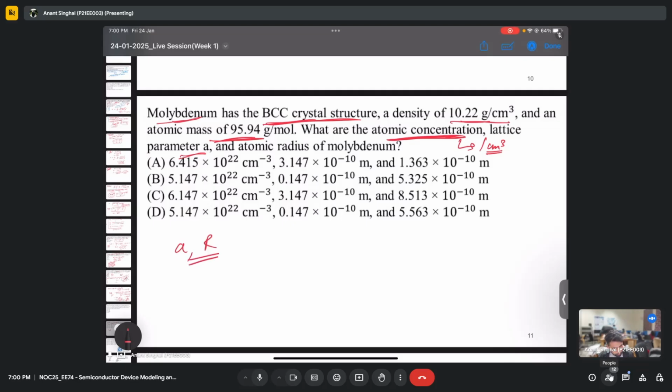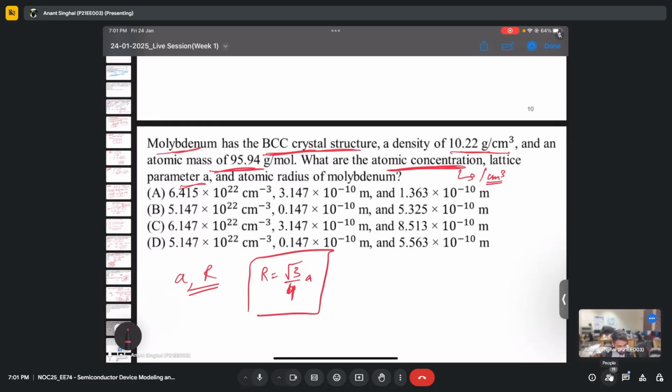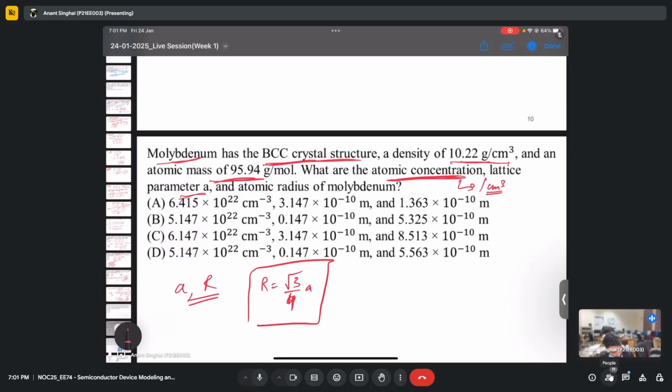So we need to find the concentration as well as A as well as the atomic radius. BCC has a certain different atomic radius. I hope you already know that. The atomic radius is, I guess, root 3 by 4 a for BCC. You can check the lectures for the detail on how it comes out to be root 3 by 4, but it is very straightforward. So you need to find A, R, and density.